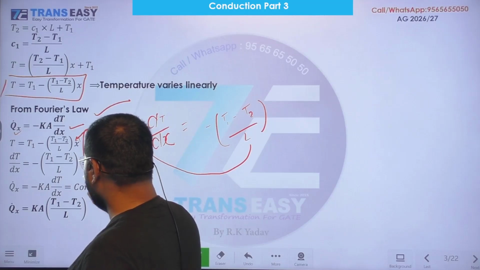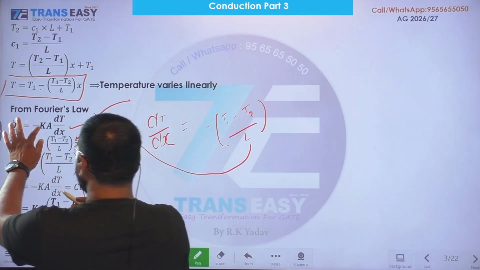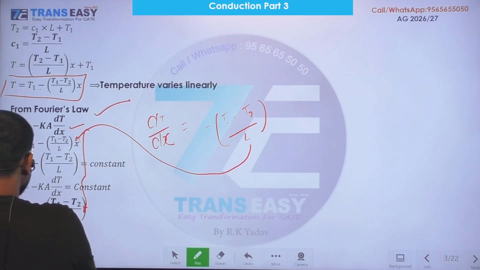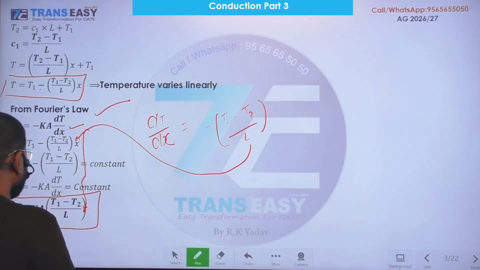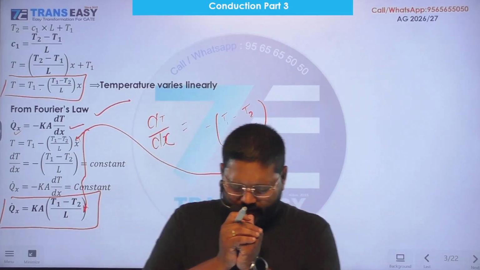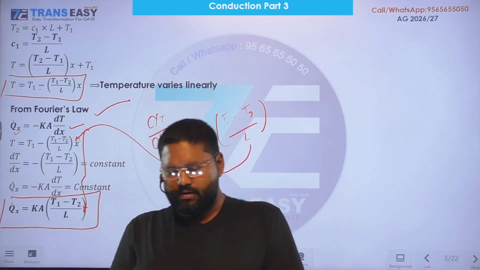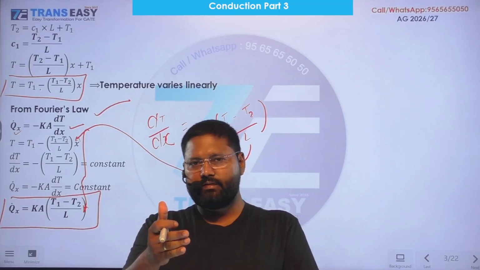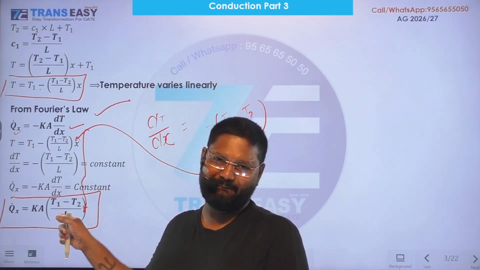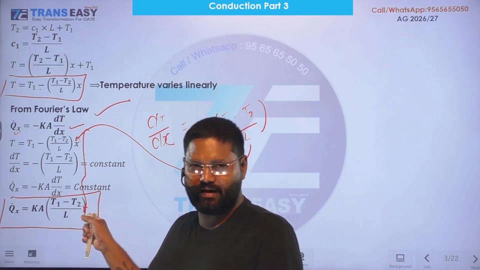Minus times minus gives plus kA (T1 minus T2) upon L. So dear friends, heat conduction rate across a plane at distance x from the origin is a constant value. It is not involving x here on the right hand side.